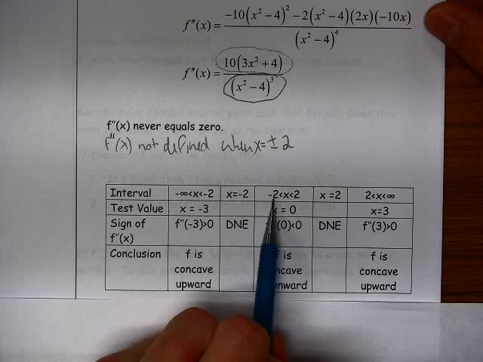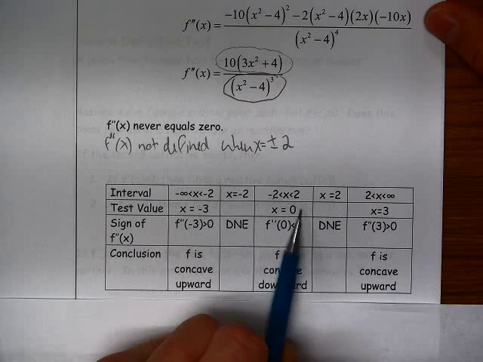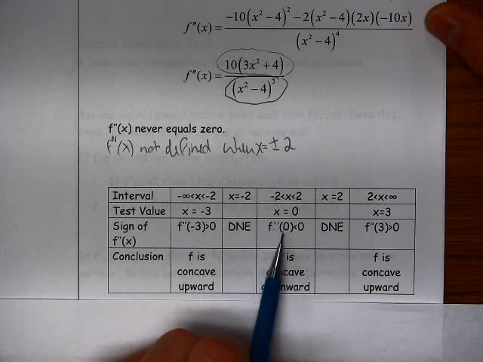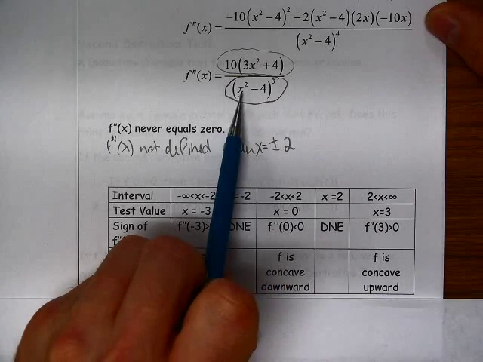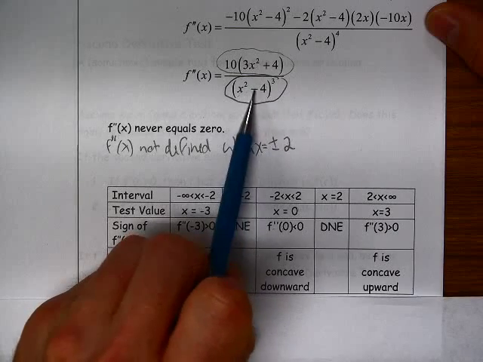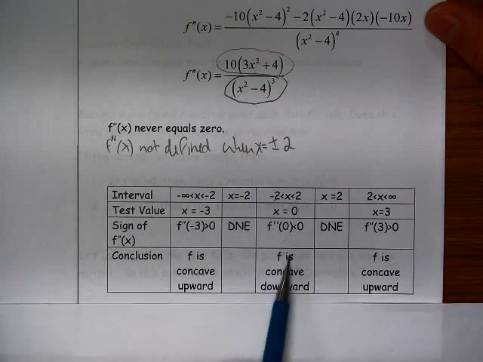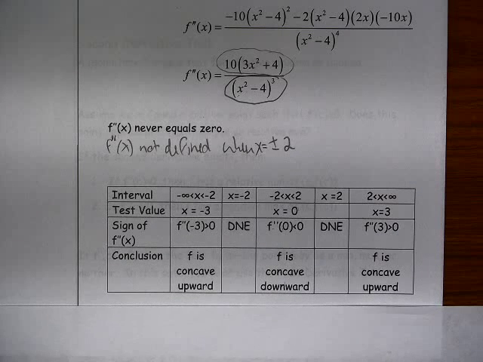If I choose a number between -2 and 2, here I chose 0 because that was the easiest one. When I find f double prime of 0, I plug in 0 in here. 0 squared is 0 minus 4. It's a -4 cubed. Gives me a -64. So that's how I know the second derivative is less than 0, and therefore my f is concave down on that interval. And likewise for the interval from 2 to infinity, I used x equals 3.